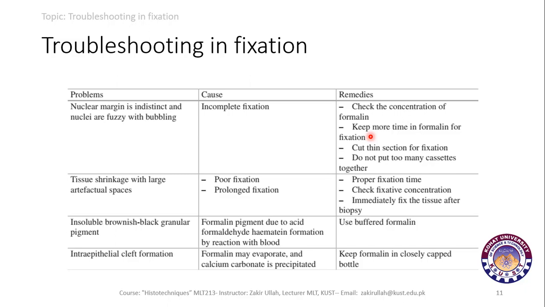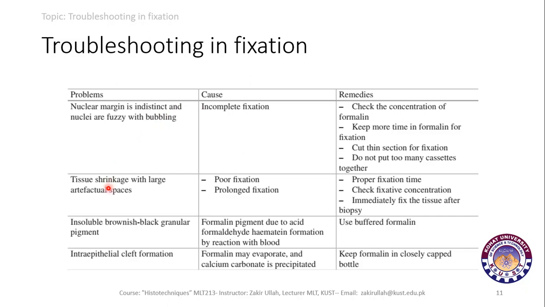Proper time is required for each tissue, and if the tissue is larger, then cut it into thin sections for the fixation purpose. And do not put too many cassettes together in one jar, as it also creates this problem. So, these are the remedies for this fuzzy staining with bubbling.